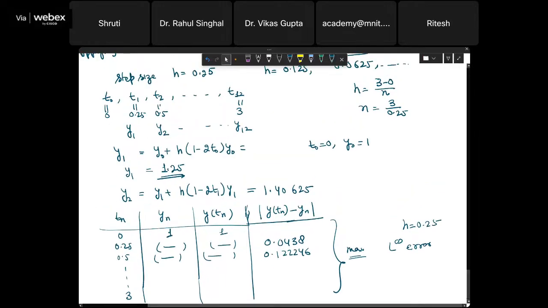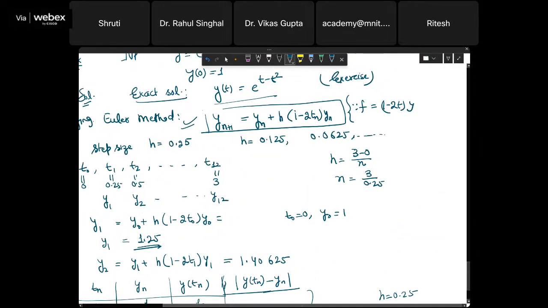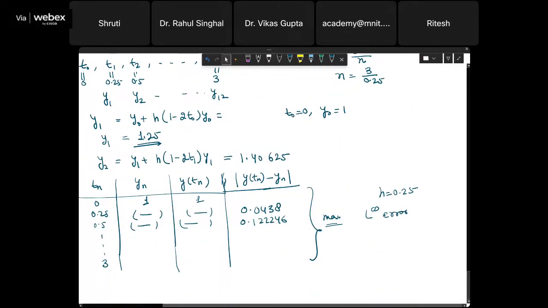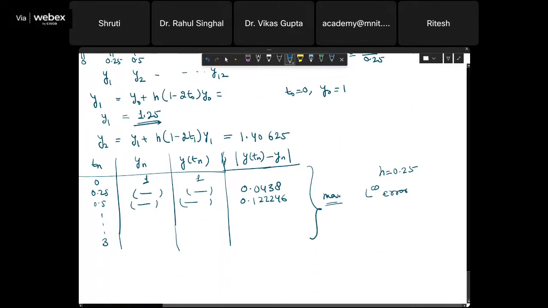Similar steps you can follow for finding the L infinity error once you change the step size to 0.125, which is half of the previous step size. And further, you can take half of the step size again, calculate the errors and write down the L infinity error.